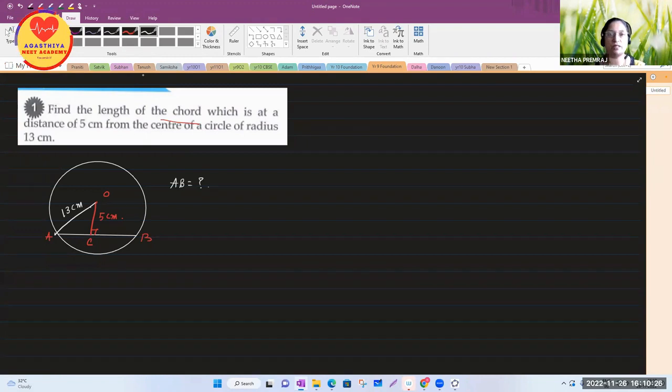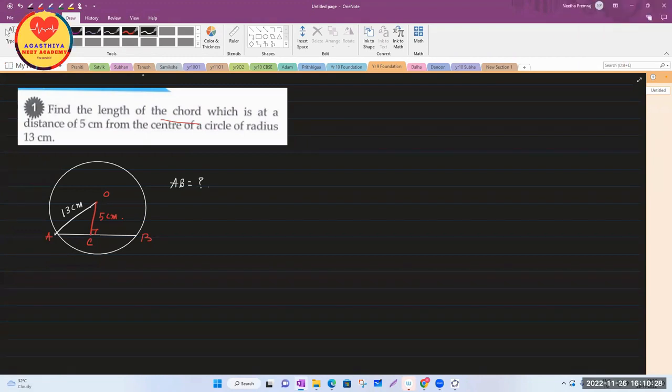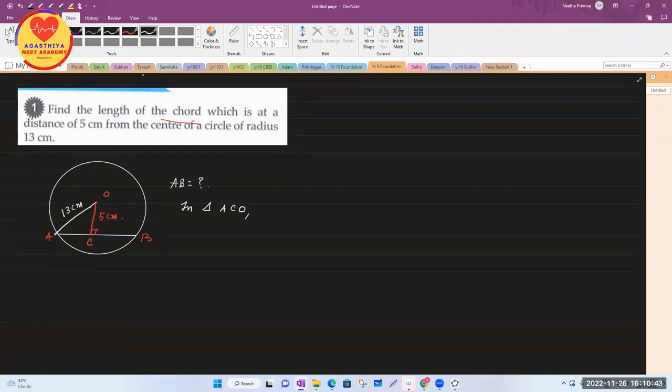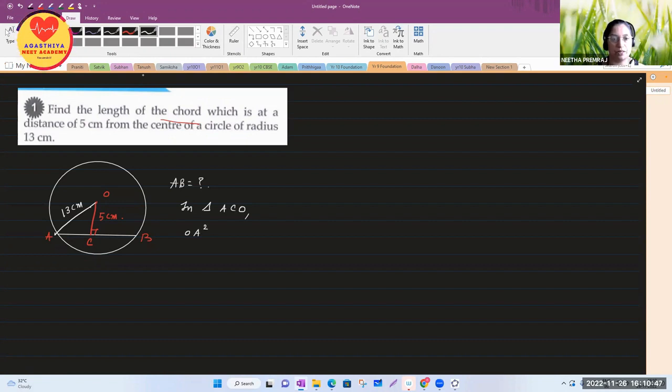Yes, tell me guys, what is the idea? Pythagoras theorem. Very good. So you take the triangle ACO. In this, which side is the hypotenuse? 13 centimeter. Very good. So OA square is equal to OC square plus AC square.